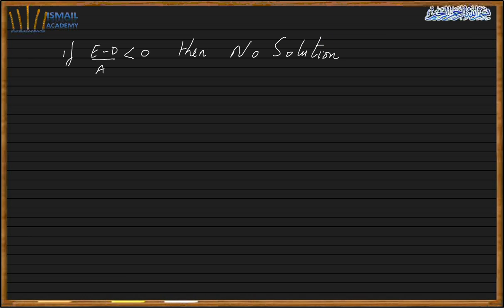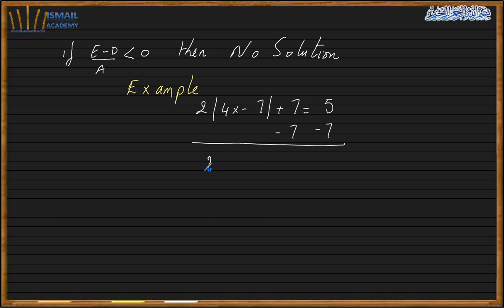So let me give you an example. Suppose I want to solve 2 times the absolute value of 4x minus 7, plus 7, equals 5. So I minus 7 both sides: 2 times the absolute value of 4x minus 7 equals minus 2.